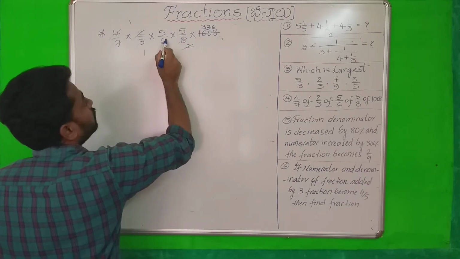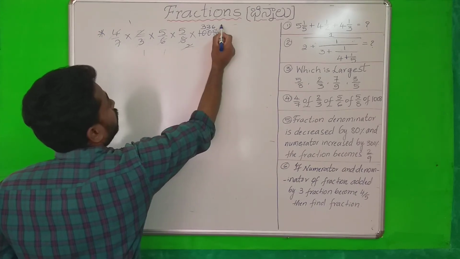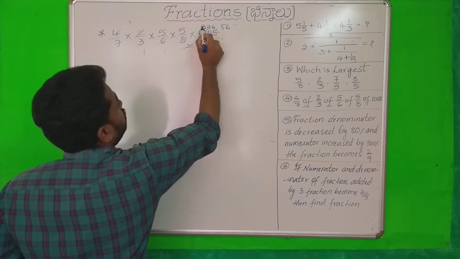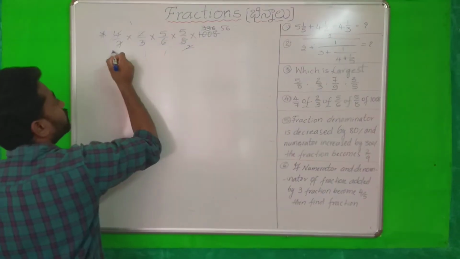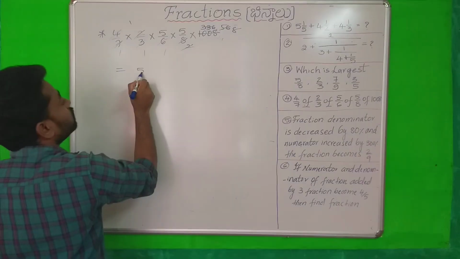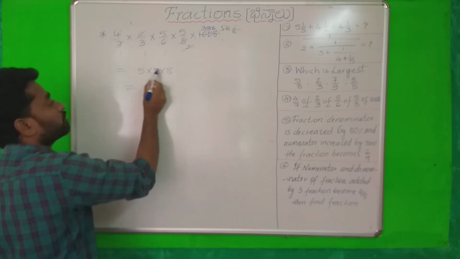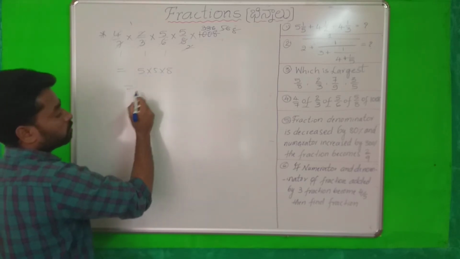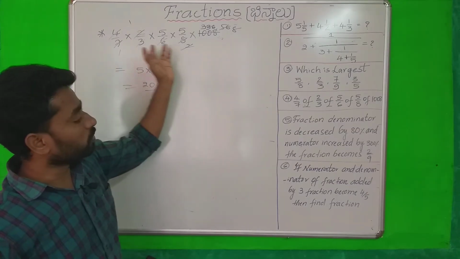Again divisible by 3, so it is divisible by 6 also. 6 1s are 6, 6 5s are 30, 6 6s are 36. And 7 and 56, 7 1s are 7, 7 8s are 56. So finally the remaining is 5 into 5 into 8. 8 5s are 40, 4 5s are 20, 200 directly. So this is the value of this.